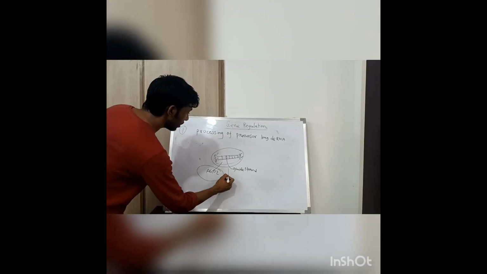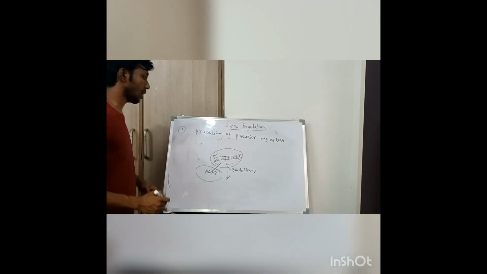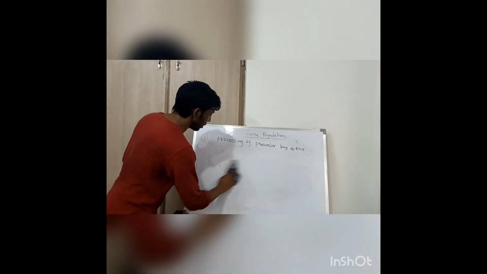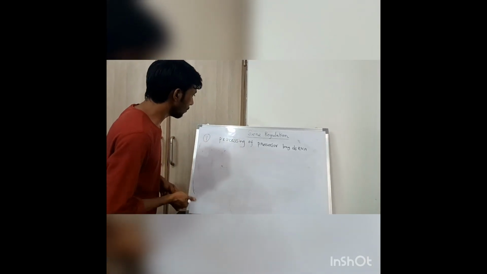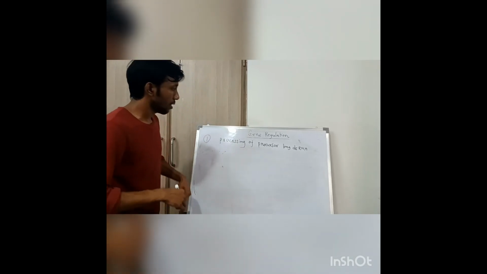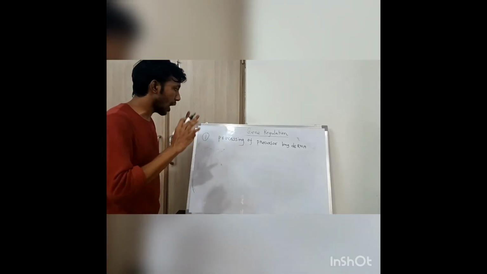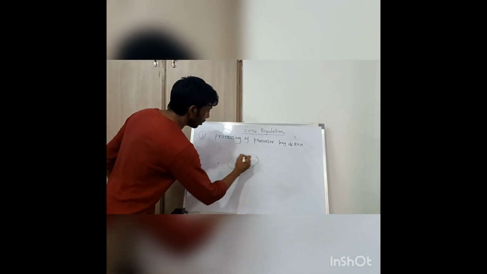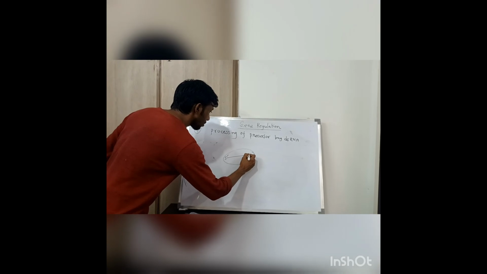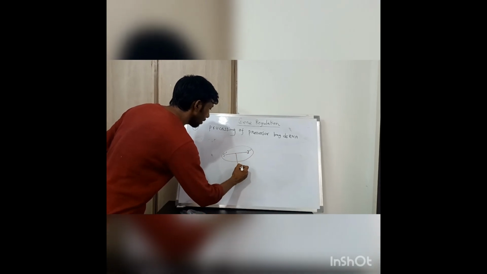And after the degradation of messenger RNA, there will be a recycling process. Suppose after the degradation of messenger RNA, there is left only guide RNA and the RISC complex. This is the guide RNA.